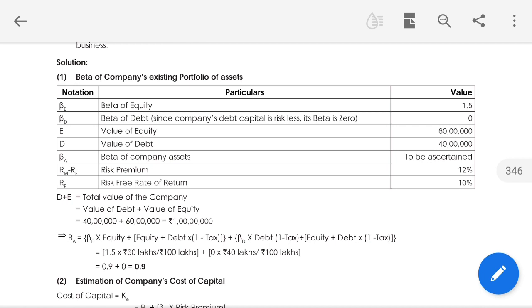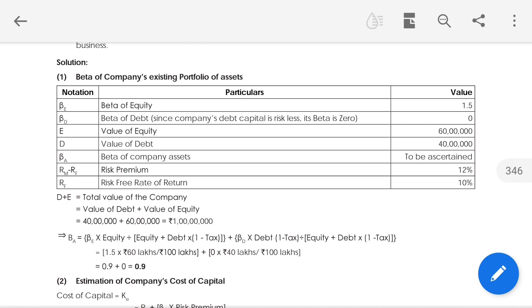So to identify beta of assets, we consider beta of assets as beta of A. Beta of A is equal to undiversifiable risk of equity, that is beta of equity into equity divided by total value of liabilities into 1 minus tax rate.